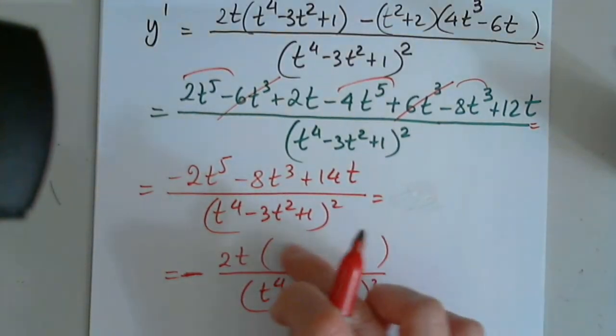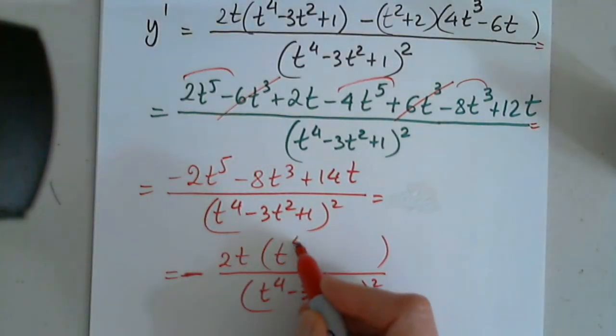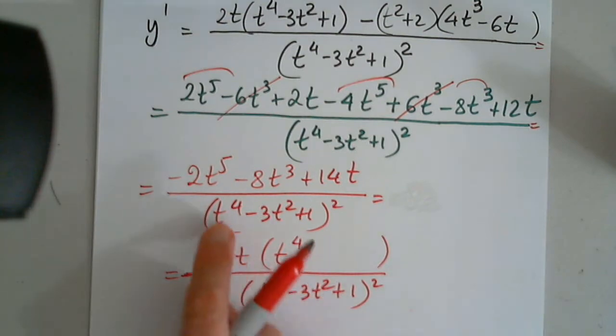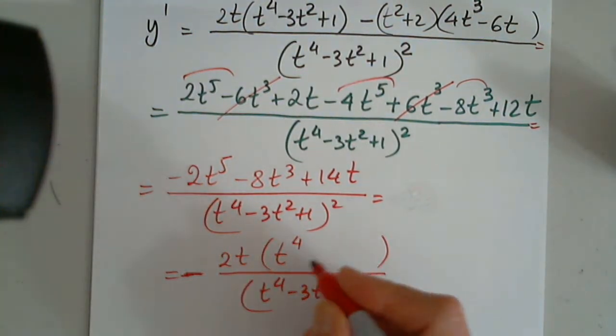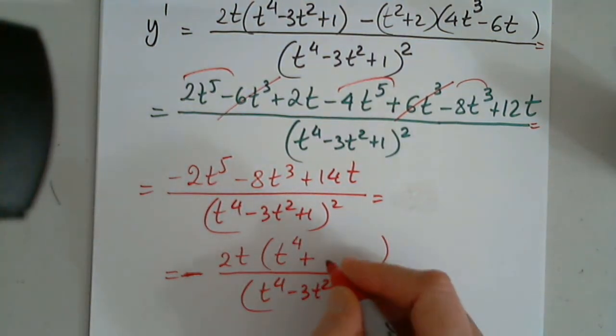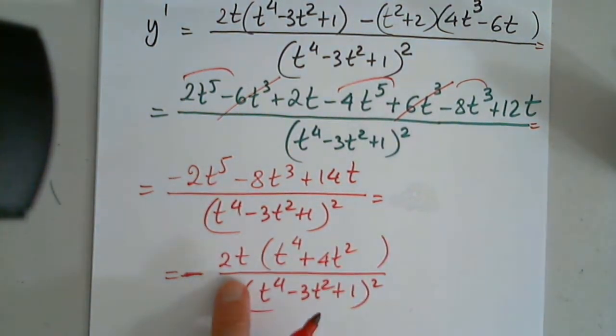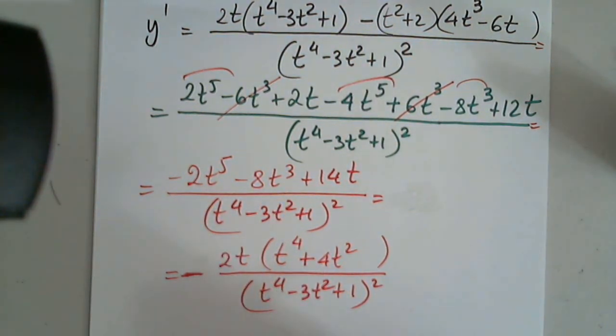Can anyone give us what is left at the top? Is it 8t plus 7? So first of all, it's t to the 4th, because 2t times t to the 4th has to give us the 2t to the 5th. Then it has to be plus a 4t squared, because 2t times 4t squared is 8t cubed with a minus in front.